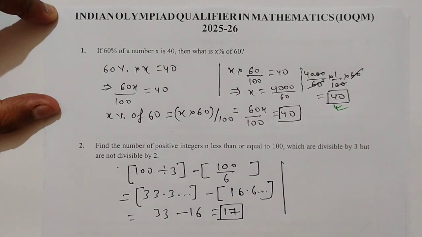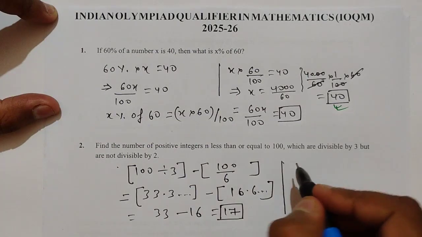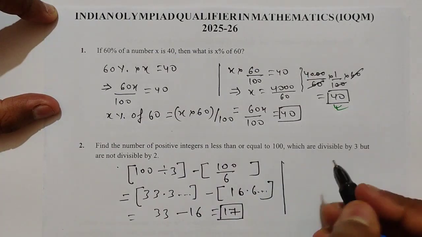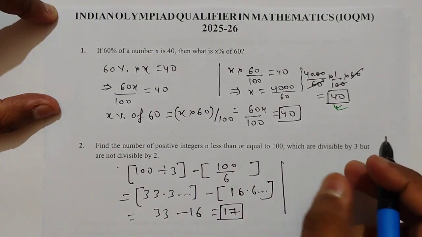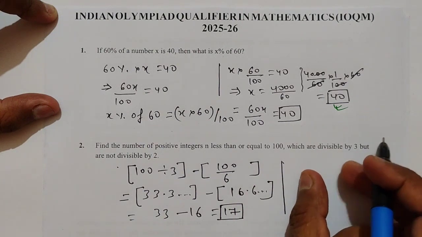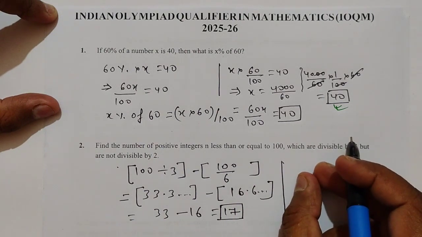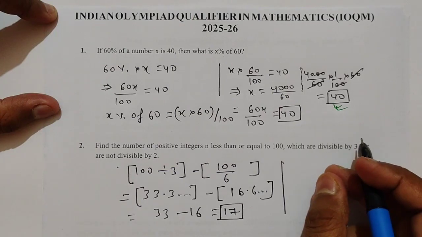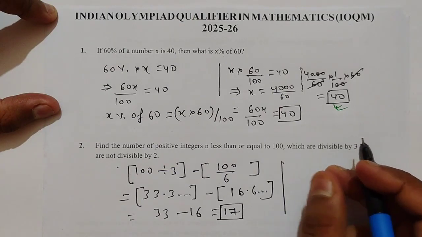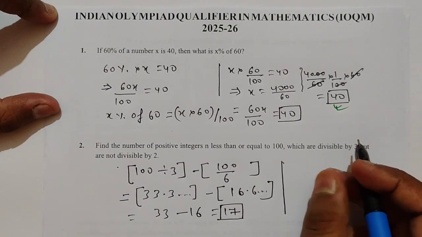Also we can find the multiples of 3 like this. We know that if the sum of the digits of a number is divisible by 3, then the number is a multiple of 3.